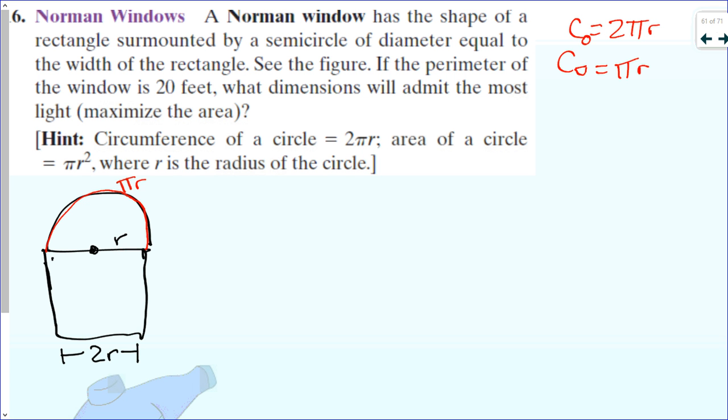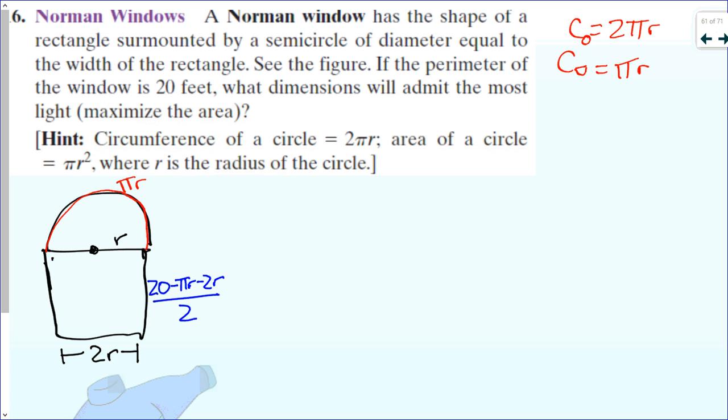What we have to consider then is what are the lengths of the two vertical sides? So would be 20 minus pi r minus 2r, over 2. Good. So essentially we have 20 feet to go around the entire window.